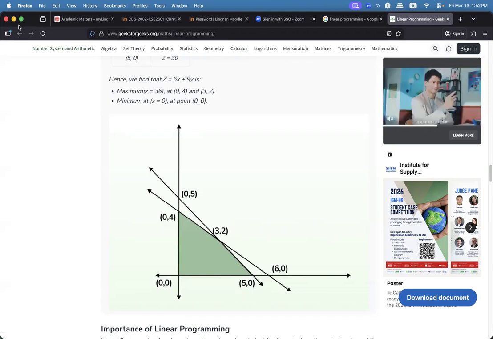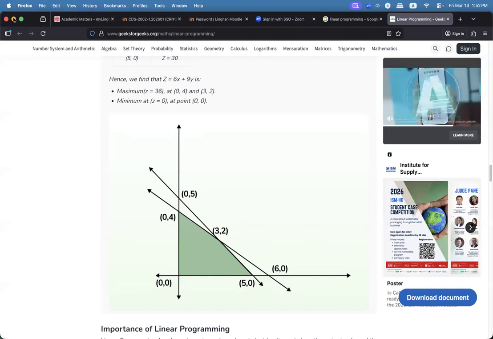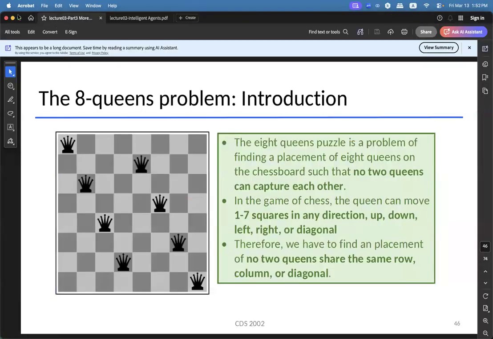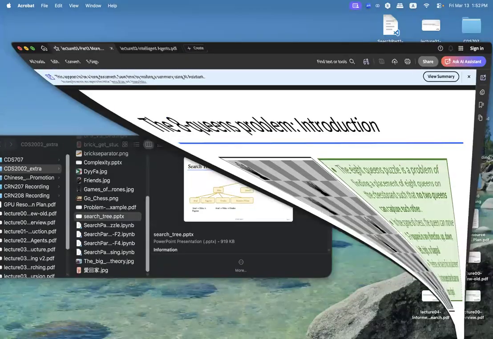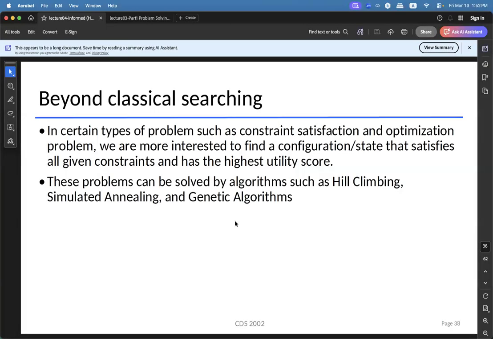So we introduce a method. I know that you may think that it is quite a stupid method. We are introducing a method that allows you to search exhaustively.